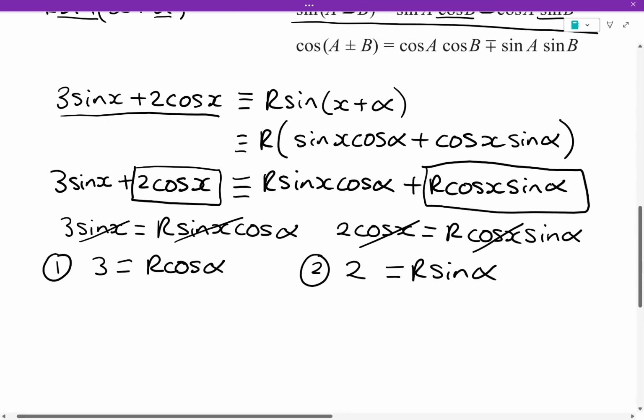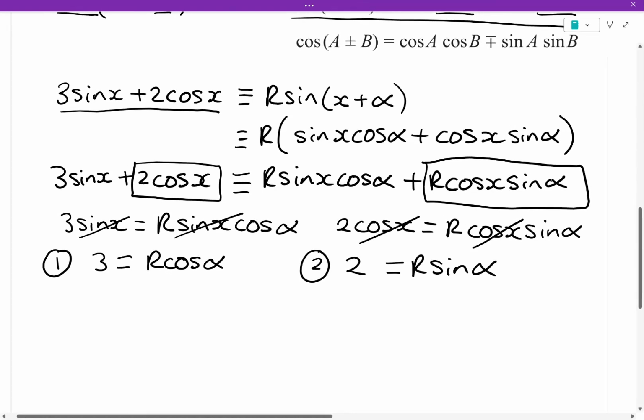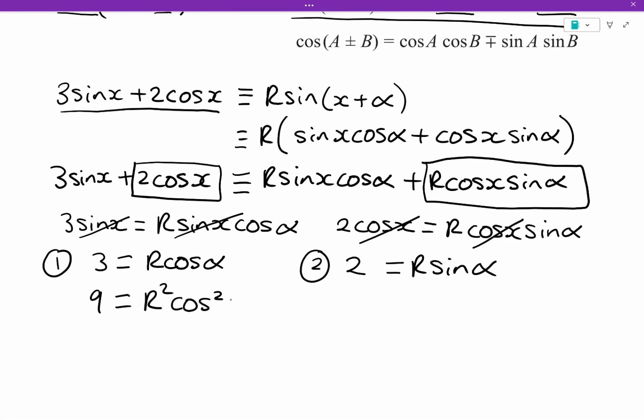So first off, in order to find r, what I'm going to do is square both equations. It might not be clear why yet. So I would get 9, which is 3 squared, is equal to r squared cos squared alpha. And then for this one, I would have 2 squared, which is 4, is equal to r squared sine squared alpha, like that.